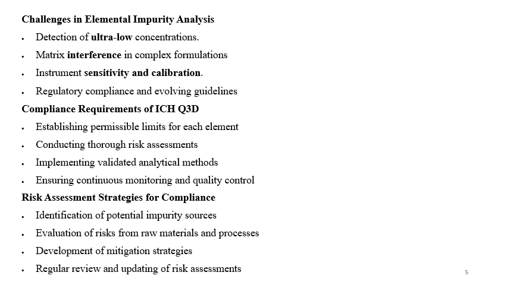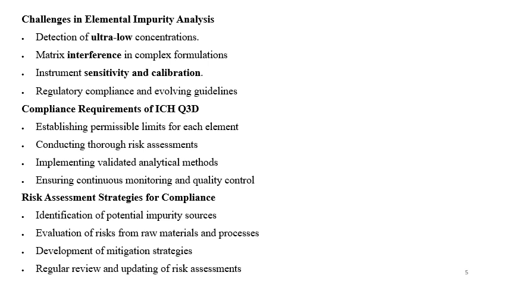Now see the compliance requirements for ICH Q3D. As per this ICH Q3D guideline, establishing permissible limits for each element is required, and it will be done through conducting thorough risk assessment, implementing validated analytical methods, ensuring continuous monitoring and quality control.